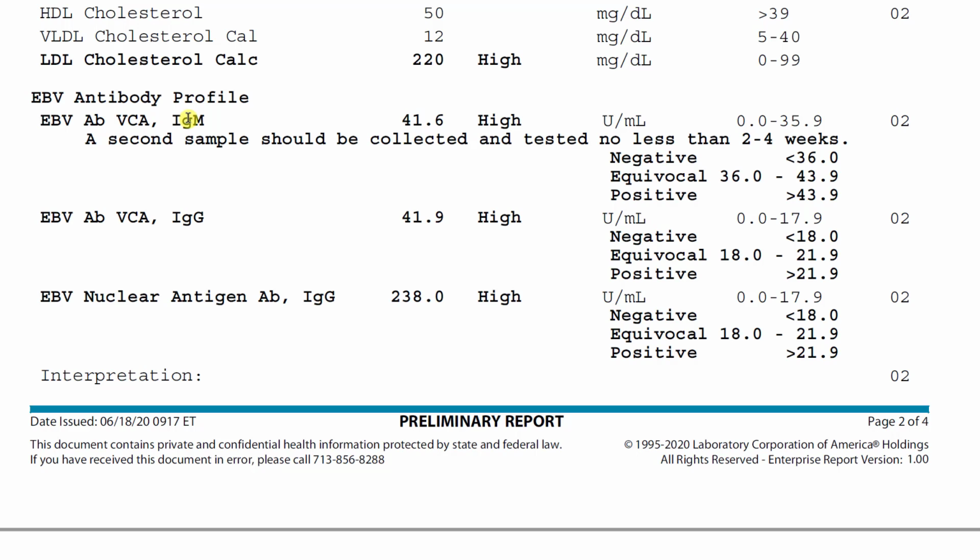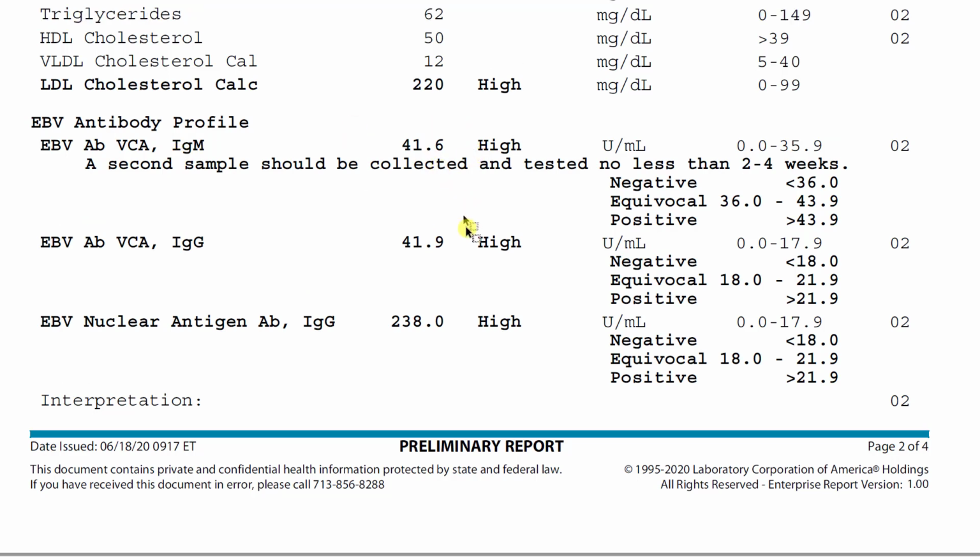You can test the EBV antibody IgG and the nuclear antigen IgG; when these are high, it would suggest a previous infection that is present in your body but nothing active. IgM indicates an active infection. So basically mono. And this could be a reason why you've been feeling low energy, why even mom says you just look sick, because you are sick, because you have this viral infection.